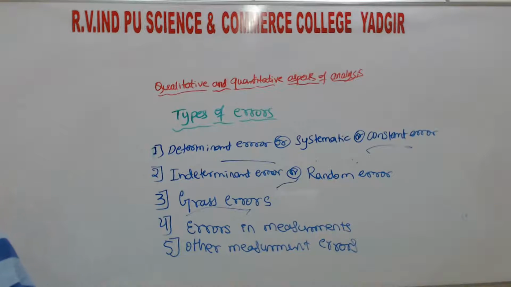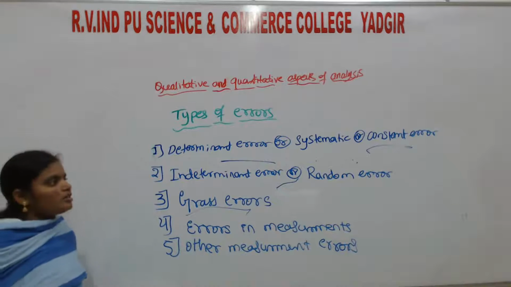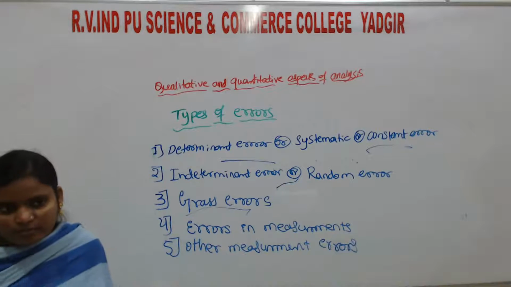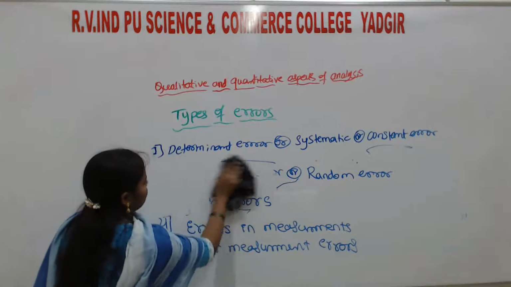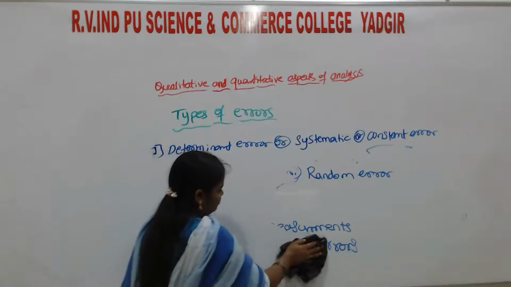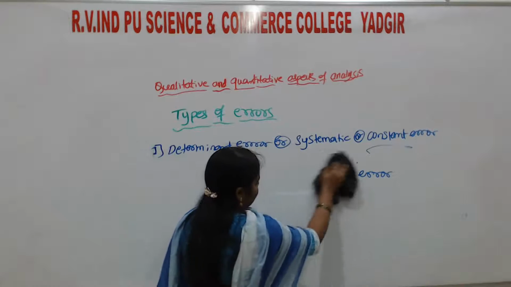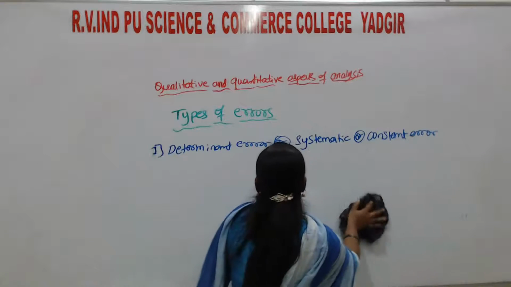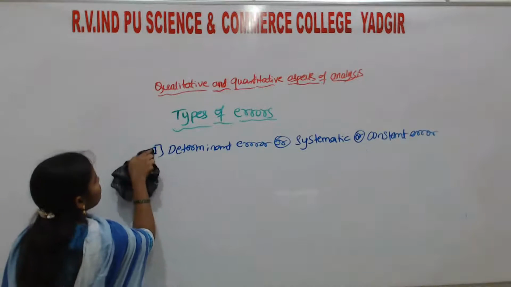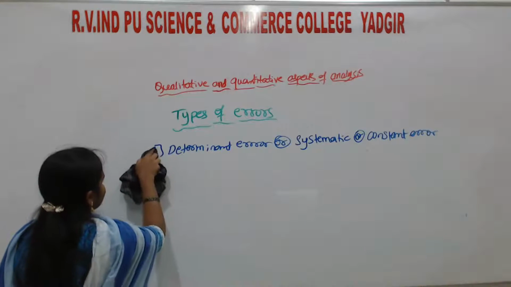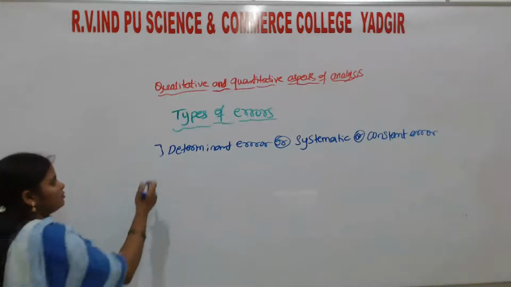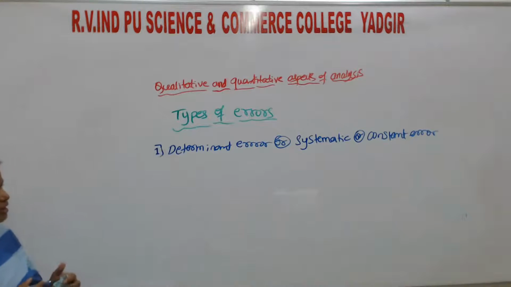First, I will discuss the determinate error, or systematic error, which is also named constant error.